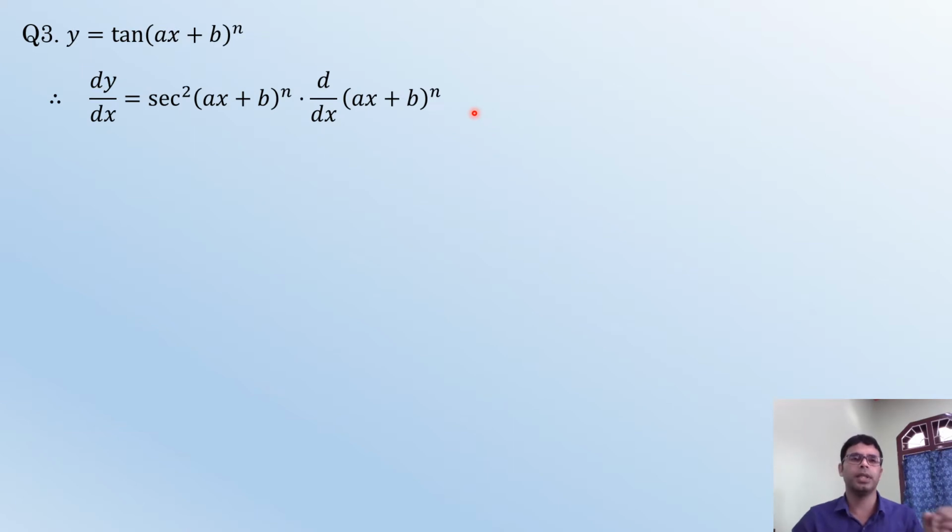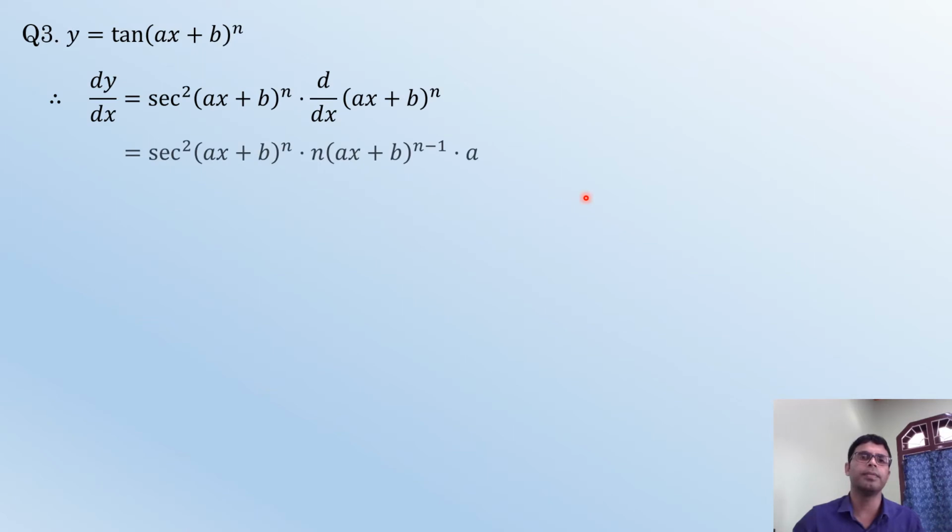But it is the very first class of differentiation, therefore I am writing in detail. In future I will write the differentiation of these types of functions in one line only. Here for dy/dx, first you differentiate the tan function, that is sec square, this is considered as x, so sec square x into d/dx of this term.